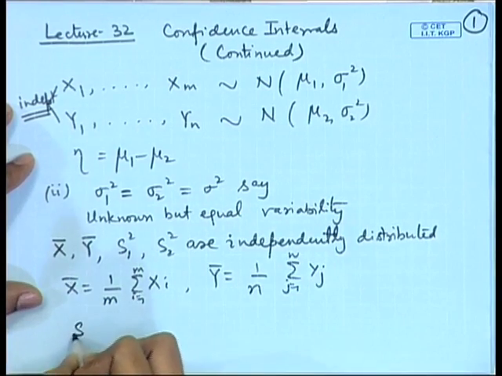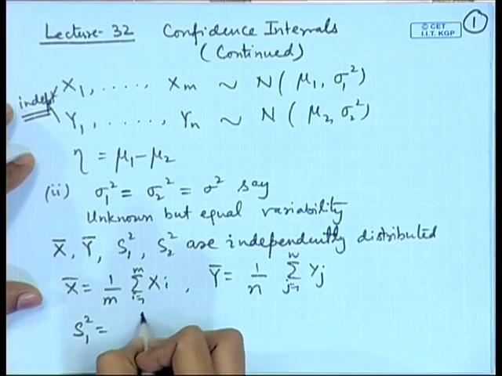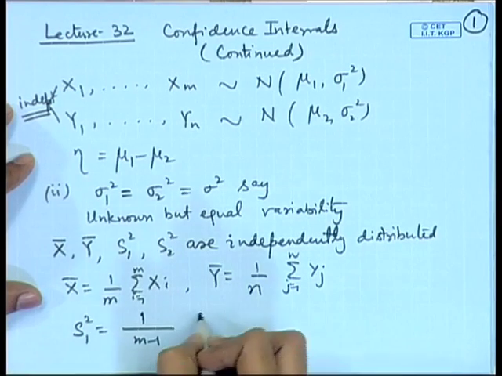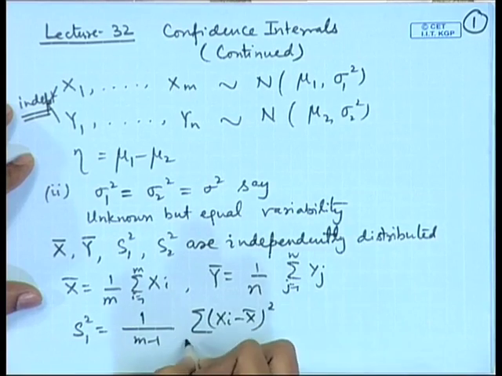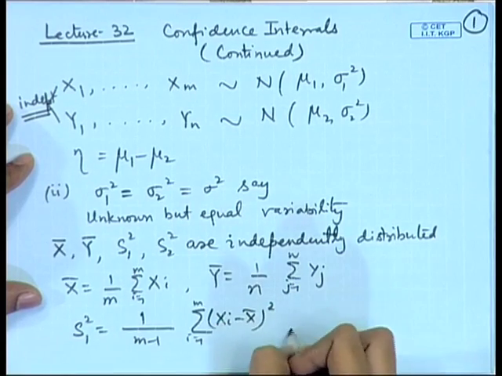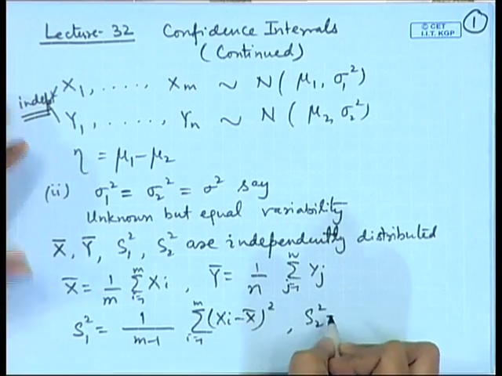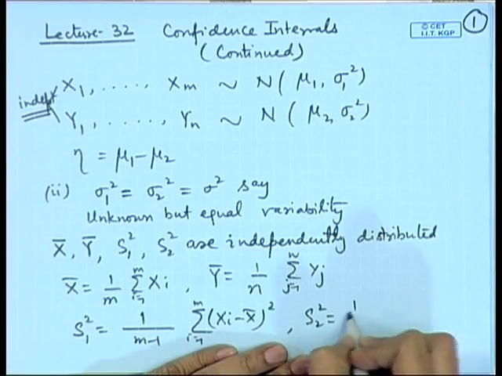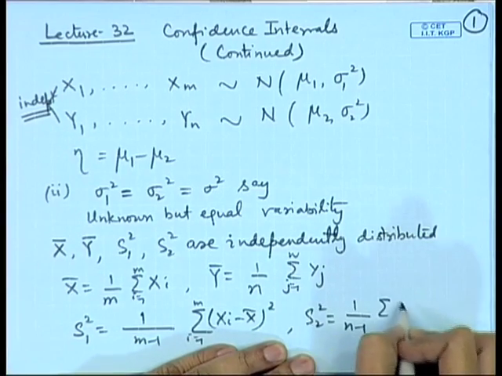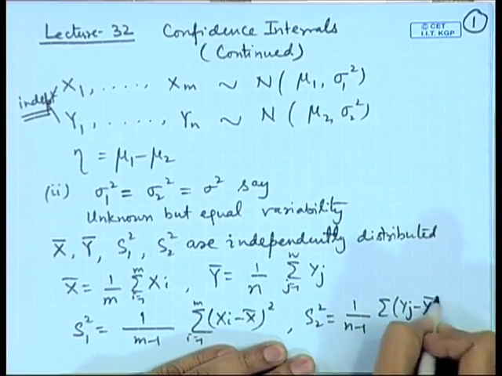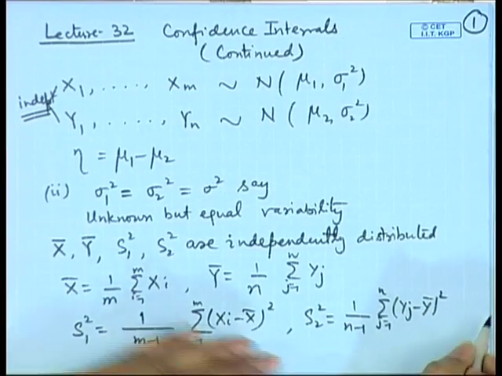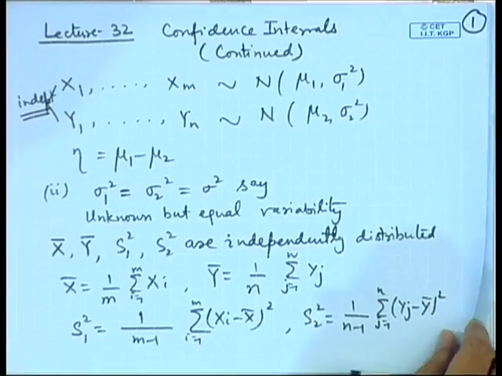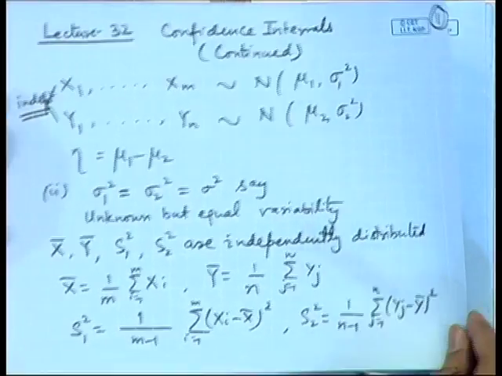If we consider the sample variance of the first sample, that is 1 by m minus 1 sigma x i minus x bar whole square, i is equal to 1 to m, and s 2 square is equal to 1 by n minus 1 sigma y j minus y bar whole square, that is the sample variance of the second sample.